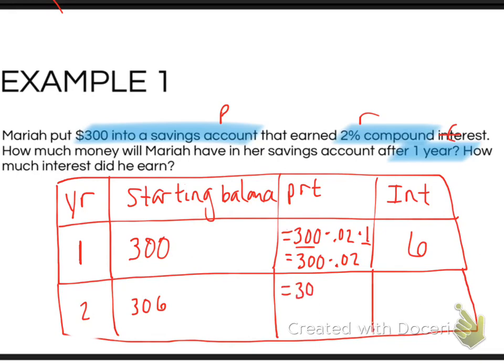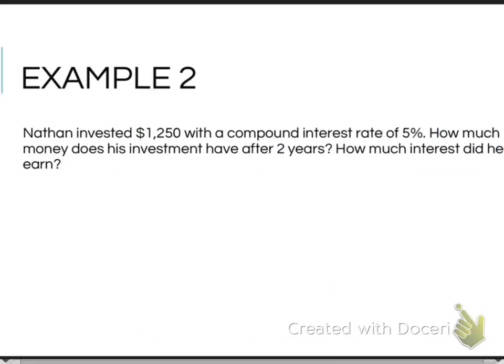So this is what compound interest does. It just builds upon itself every year. And since we're only calculating the interest for 1 year, notice that my time is always 1 year. So you're really just doing P times R for compound interest, which might be a little bit easier.